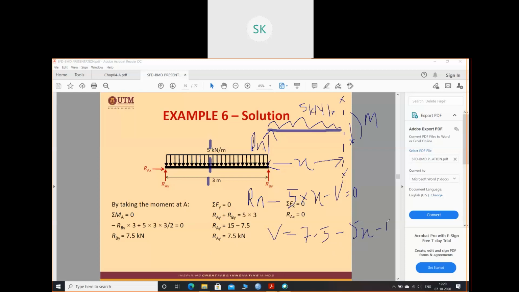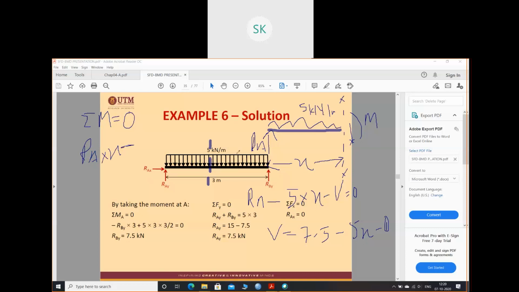This is equation 1. Now if I want to find the summation of all the moments equal to 0, what will be my moment?